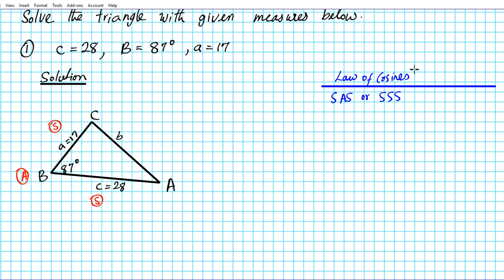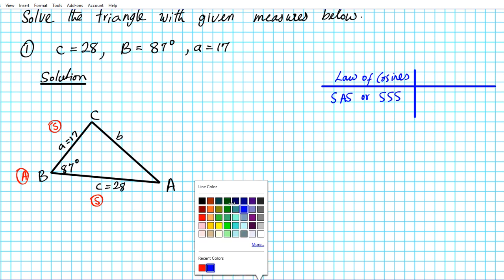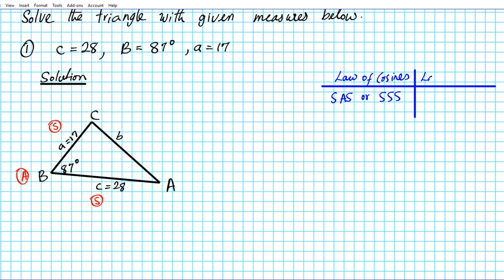When do you make use of the law of sines? You make use of the law of sines when you have two sides and an angle, as long as the angle is non-included, or if you have two angles and a side. So the law of sines applies to the SSA scenario, or two angles and a side, angle side angle.